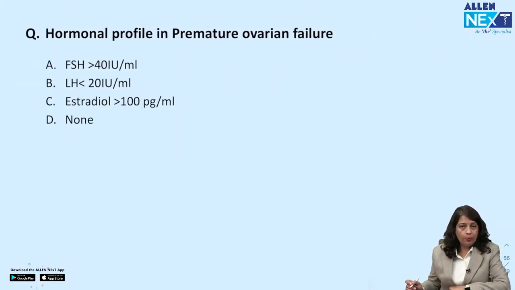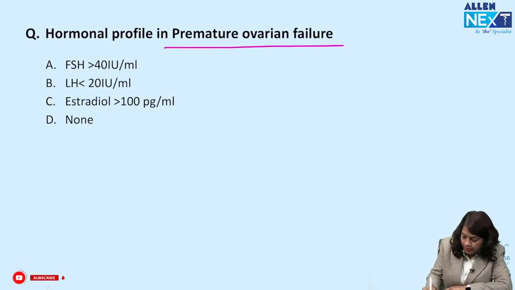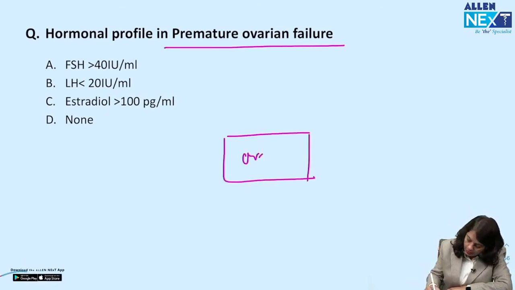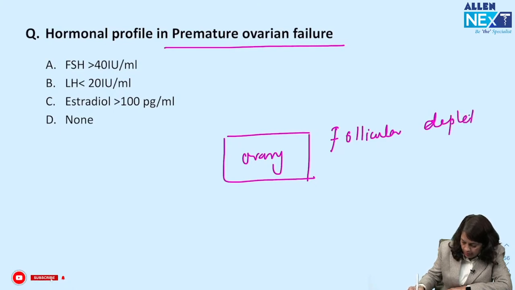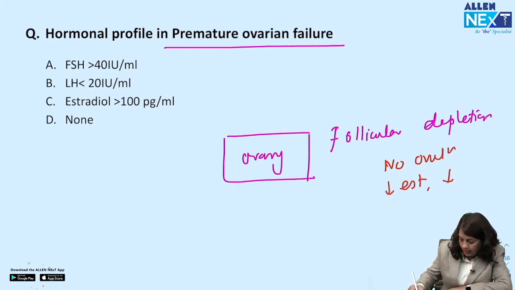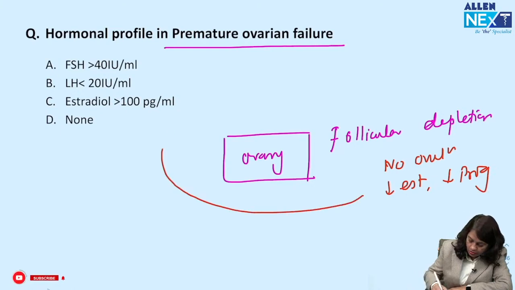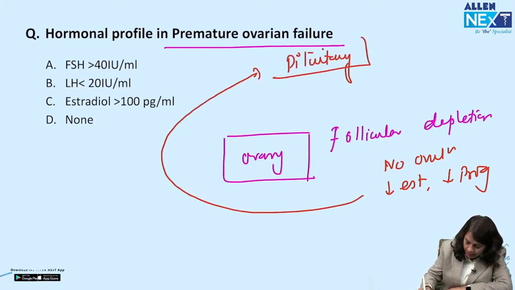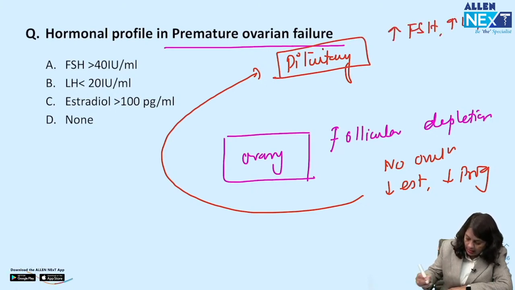Next, hormonal profile in a premature ovarian failure. Premature ovarian failure का मतलब क्या है? Ovaries, there is follicular depletion. So there is no ovulation and estrogen progesterone is down. So there is no negative feedback inhibition at the level of pituitary, and pituitary secretes high FSH and high LH.